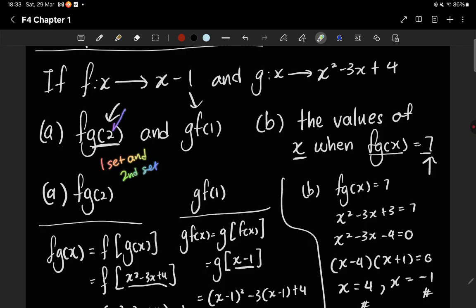And the x value inside this bracket comes from the first set. And the second function here takes the value from the second set to the third set, where our third set is the image. And the second set is the value of g of 2.